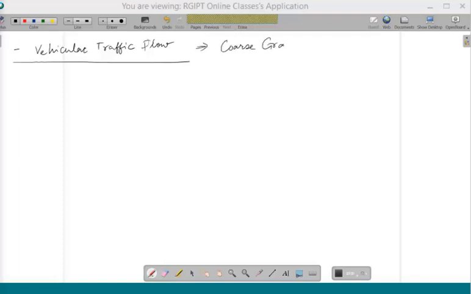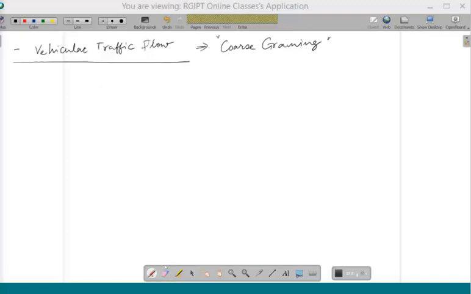What does that mean? This example probably illustrates the meaning of coarse graining. Coarse graining is when you imagine that reality consists of discrete objects, but you imagine it to be like a continuous medium.